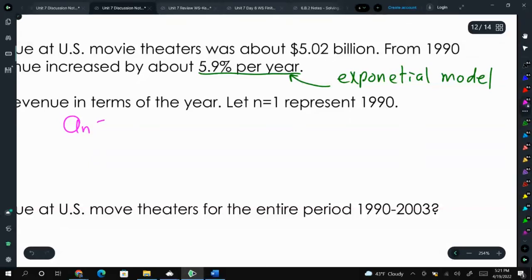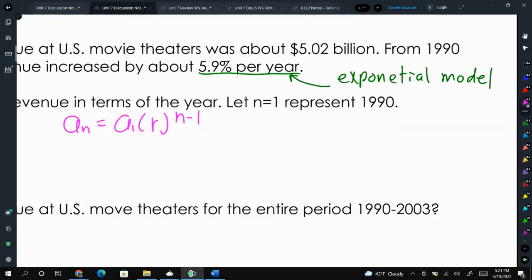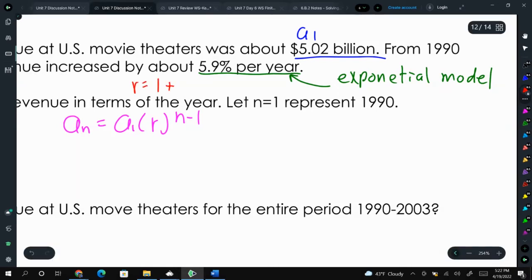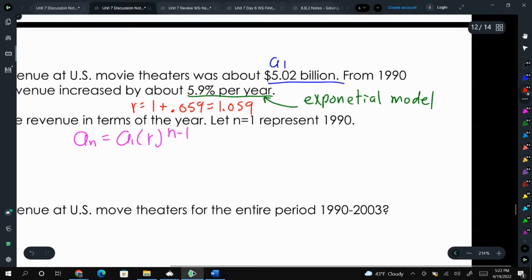And the formula for a geometric sequence is a sub n equals a sub 1 times r raised to the n minus 1 power. Well, here is a sub 1. Now the r value, r is going to be 1 plus 5.9%. 5.9% in decimal is 0.059. So 1.059 is my r value.